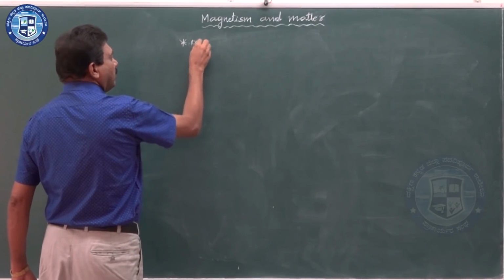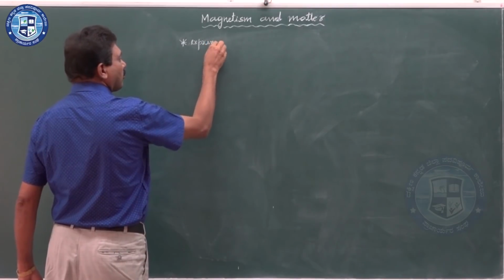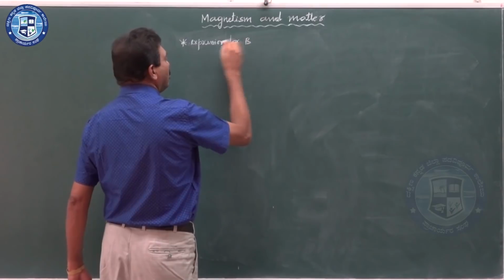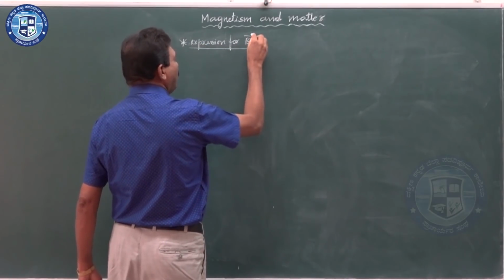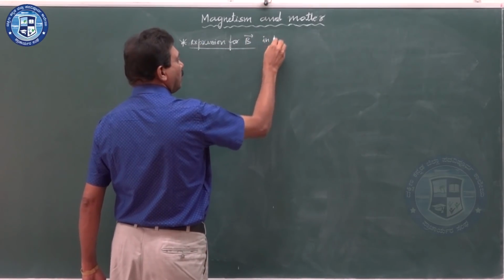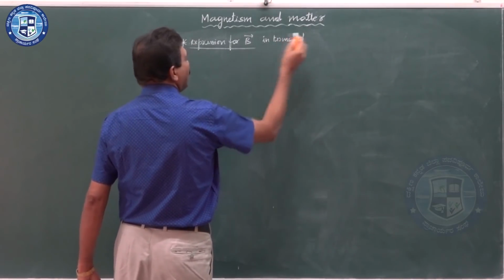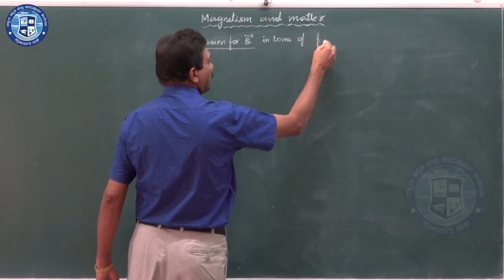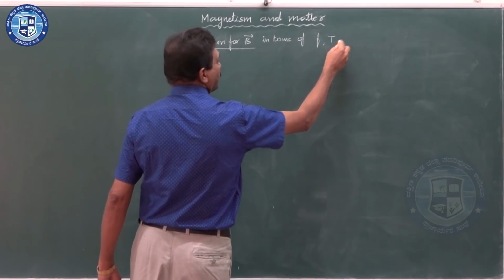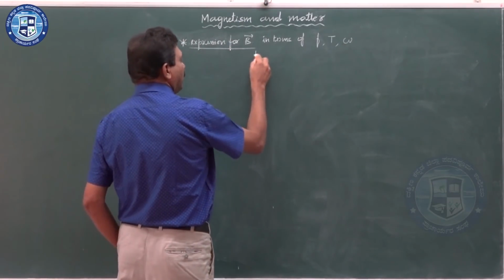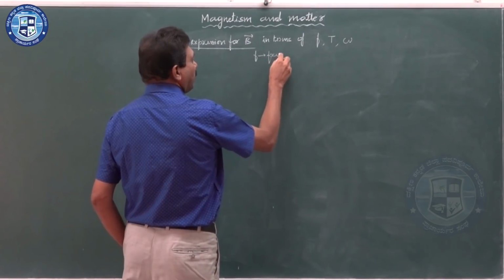Expression for magnetic field in terms of frequency of oscillation, period of oscillation and angular frequency. Once again, what is f here? Frequency.